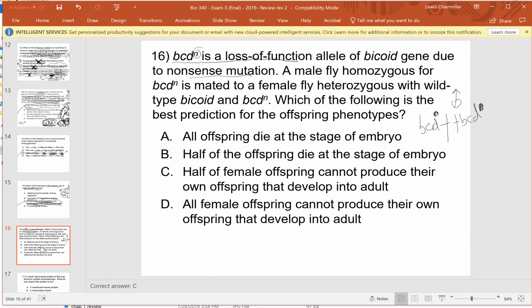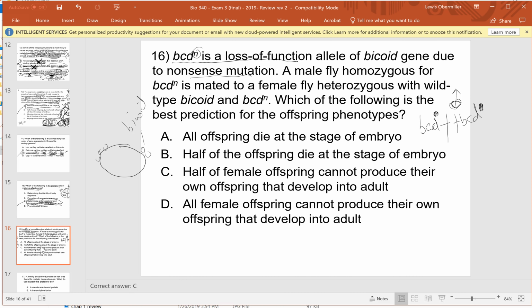is because it's a maternal effects gene. So it wouldn't have either functional copy of bicoid. If it didn't have a functional copy of bicoid, it wouldn't be able to develop into a normal fly. But remember, the mother is what sets down the nurse cells for bicoid.